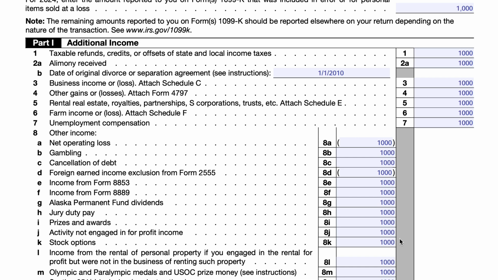Line 8L is the income that you might have had from the rental of personal property if you engaged in the rental for profit, but you weren't in the business of renting that property.